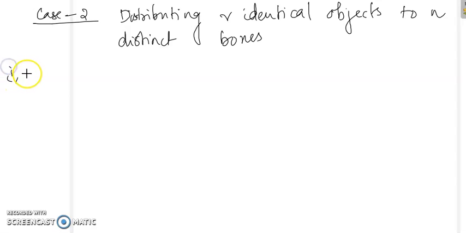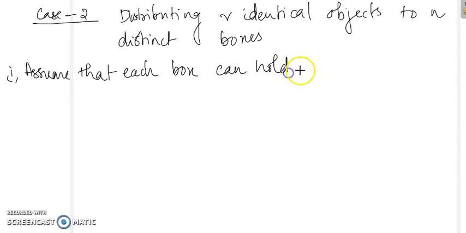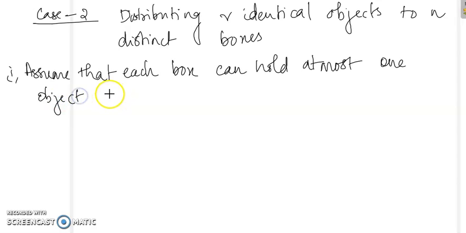So the first type of problem is, assume that each box can hold at most one object, and for this to happen, you must have r less than or equal to n.